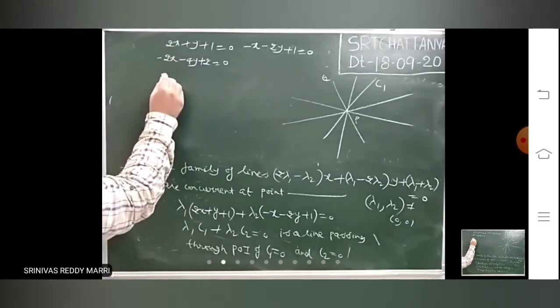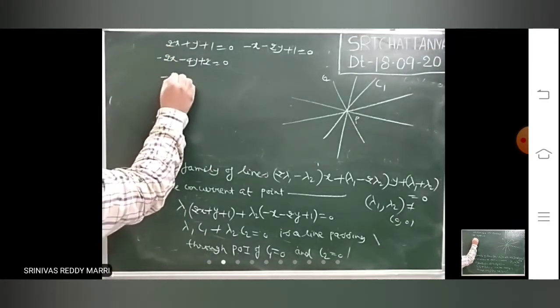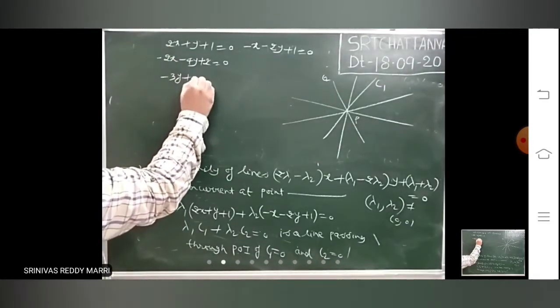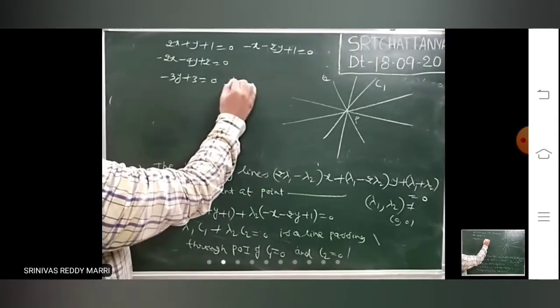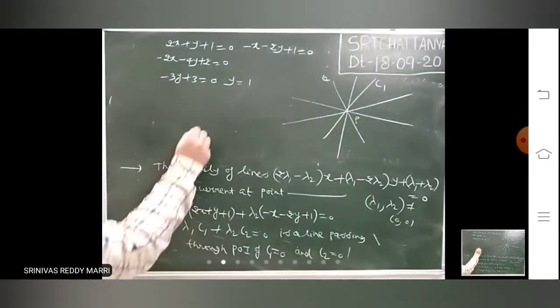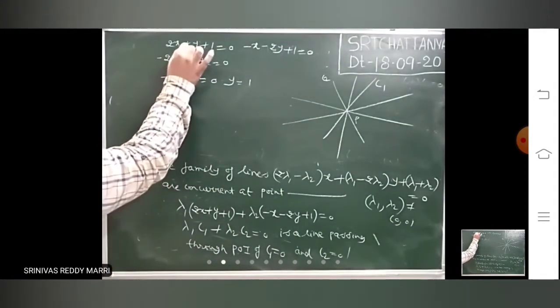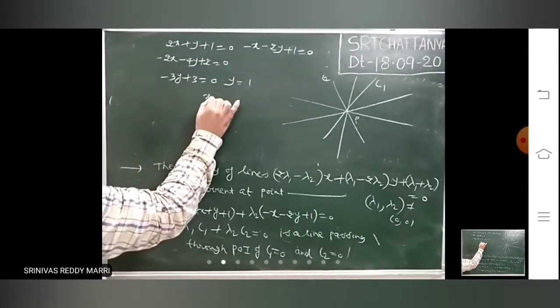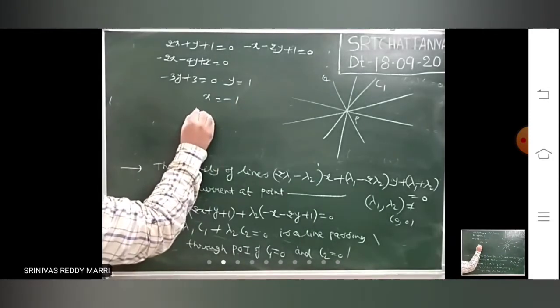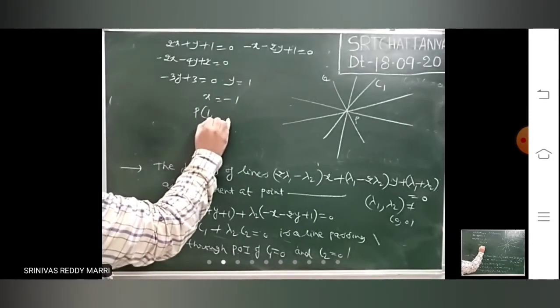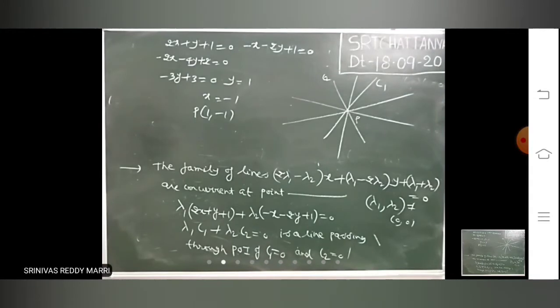Minus 3y plus 3 equal to 0, so y equal to 1. If y equal to 1, substituting here, x equal to minus 1. Therefore the point of concurrency is minus 1 comma 1.